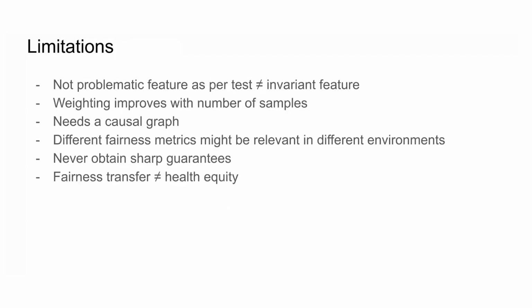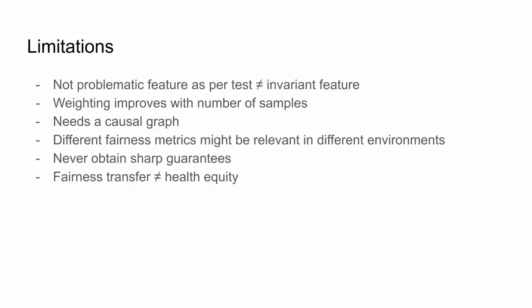So of course, there are a lot of limitations with the approach and with the work that I've presented today. The first one is that we have more of a problematic feature detector rather than defining features that would be invariant across environments.